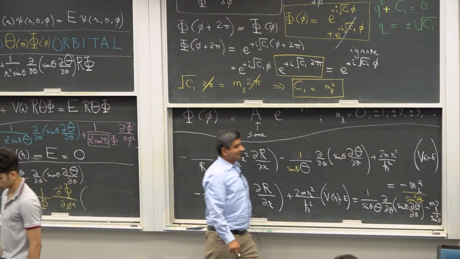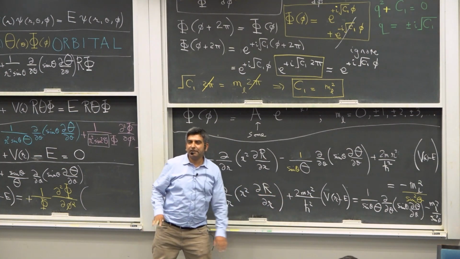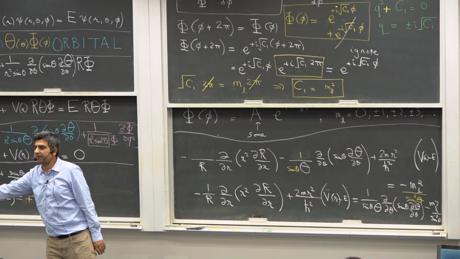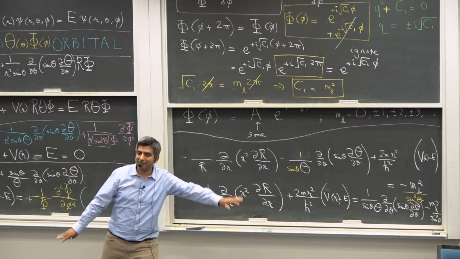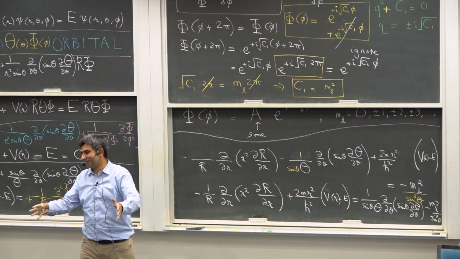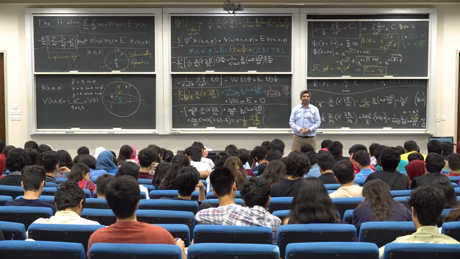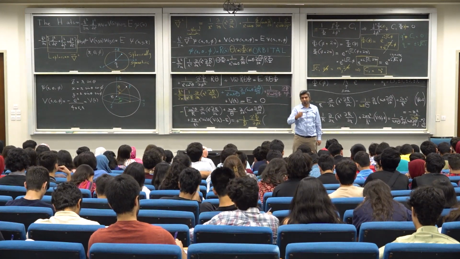All right. This is my Schrodinger equation at this point in time. I have a left hand side totally dependent upon R, exclusively dependent upon R, and a right hand side exclusively dependent upon theta, and the two parts are equal, which means both of the two sides must be equal to a constant, to the same constant.